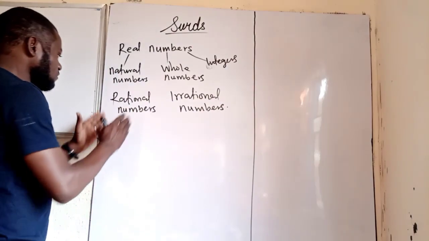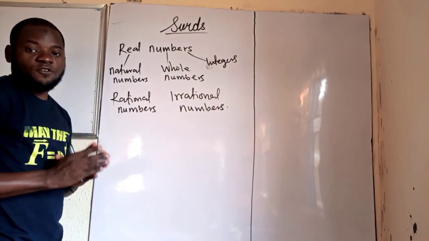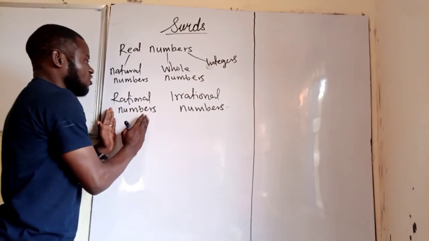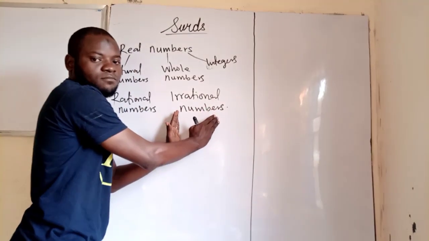Then what we really need to focus on in this topic, surds, are rational numbers and irrational numbers.